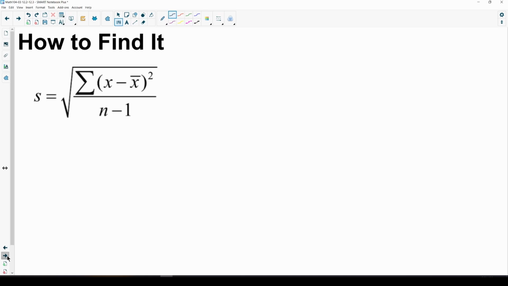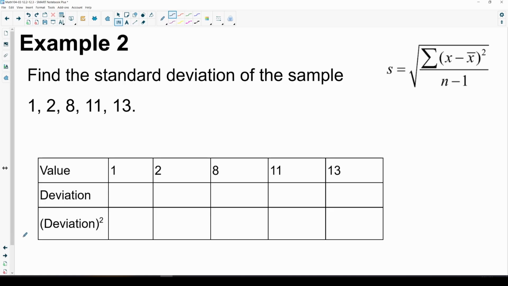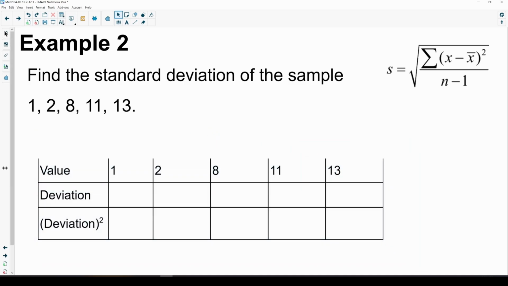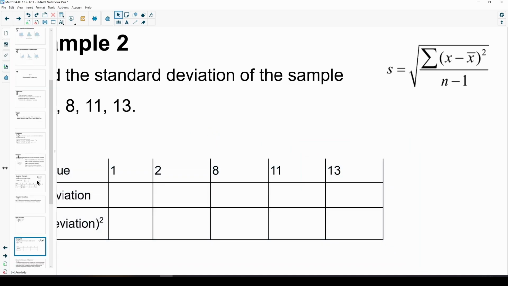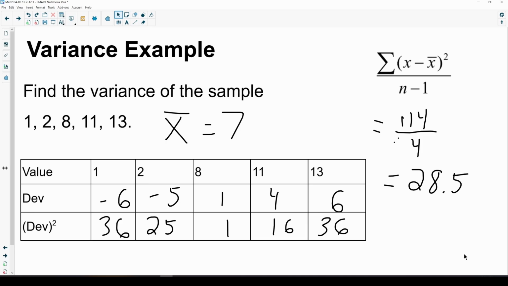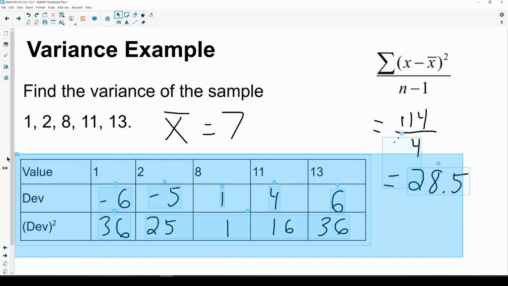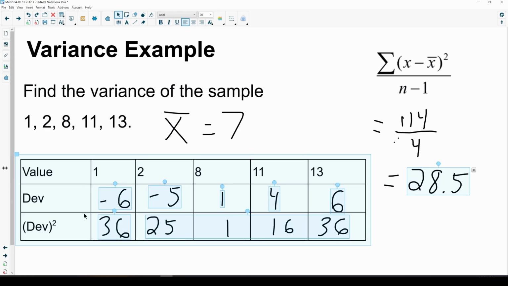So for instance, as an example, if we go back to the data set we were looking at a moment ago, and actually since we've done a whole bunch of work on this, let's actually reuse that, right? We already know what our variance was.